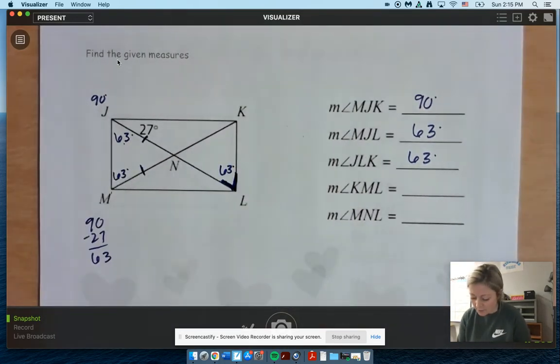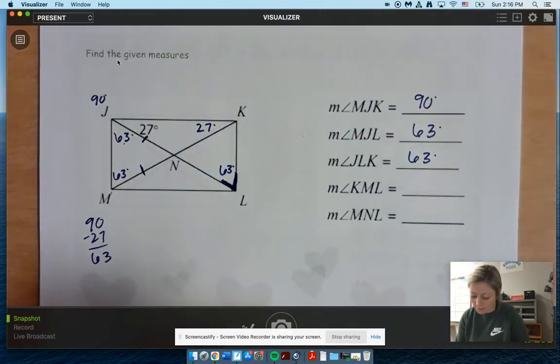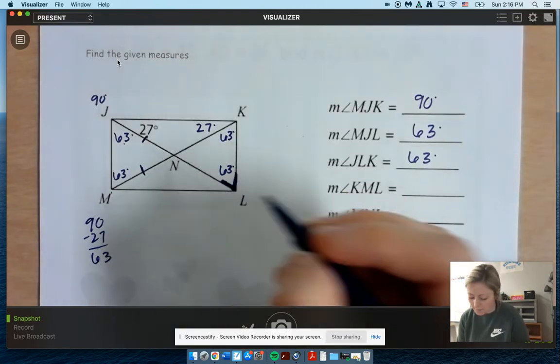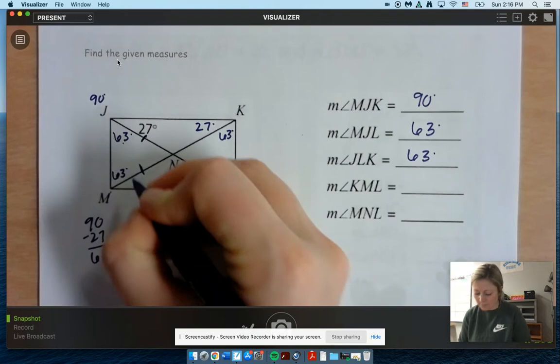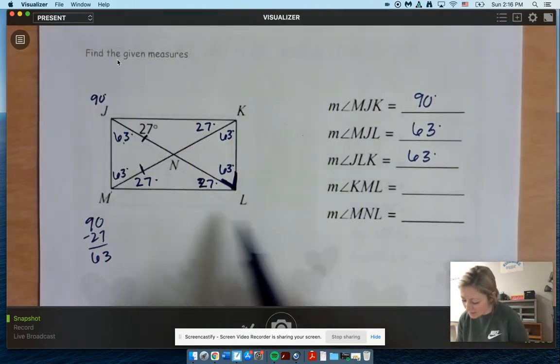So same thing with here. If this one's 27, this angle's 27. This angle 63, the one across from it 63. Do you see the pattern? So this angle is 27, as would be this one. So the measure of angle KML is 27.